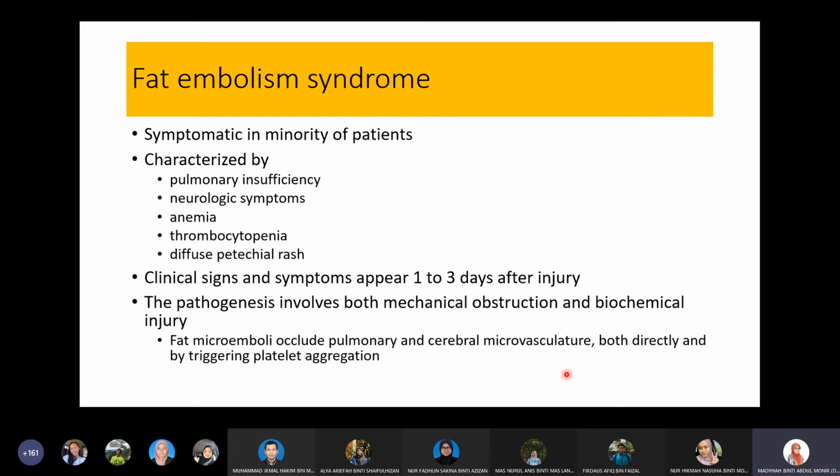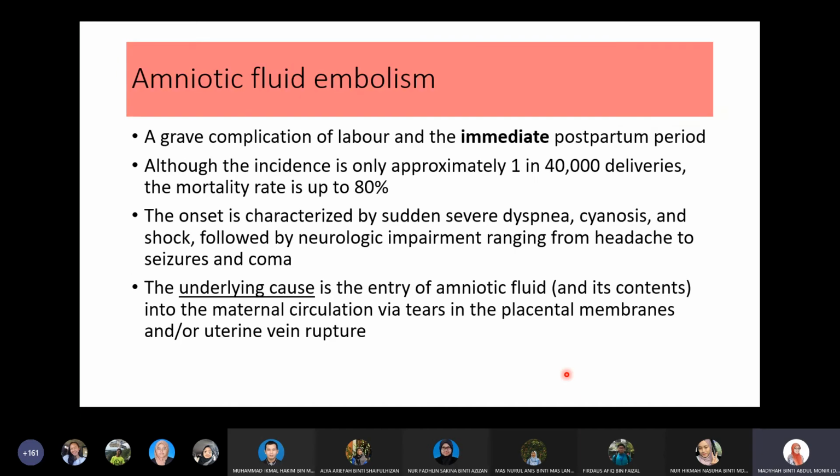So this is what we call fat embolism. It only occurs in a small percentage of patients, and the signs and symptoms usually affect the lung and the central nervous system. Patients present with diffuse petechiae, and when we do the blood test, there is a low level of hemoglobin and platelets.